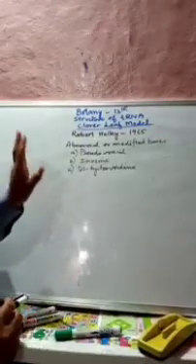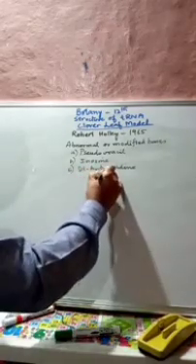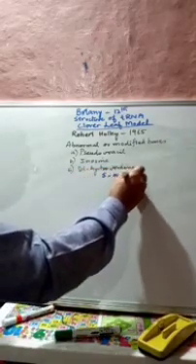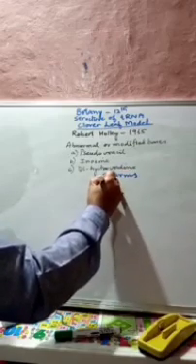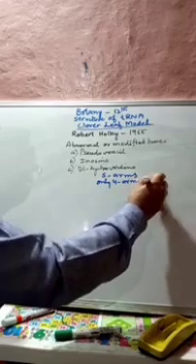And altogether, what we will see in this model, there are 5 arms, and out of these 5 arms only 4 arms are important.